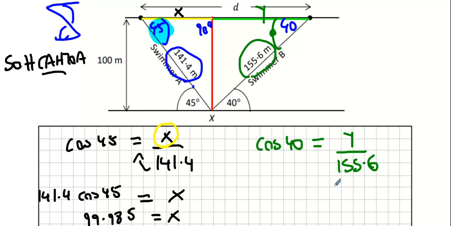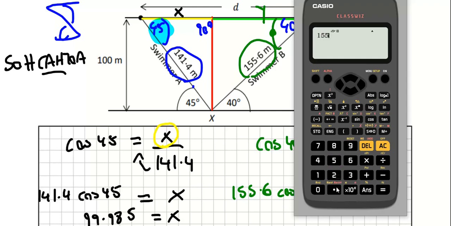And then y is going to be moved to 155.6 upwards by the cos 40. 155.6 cos 40, and lo and behold, that's 119.197.